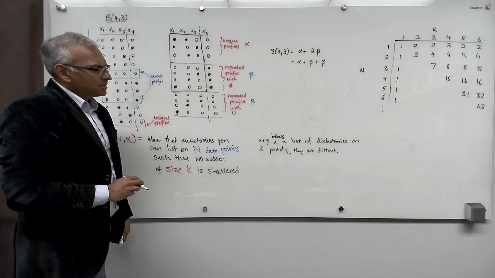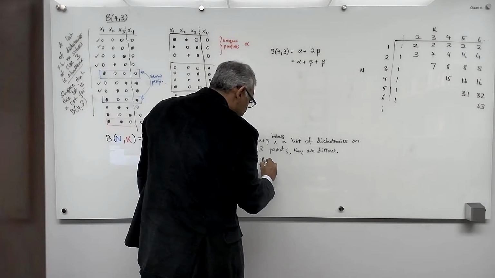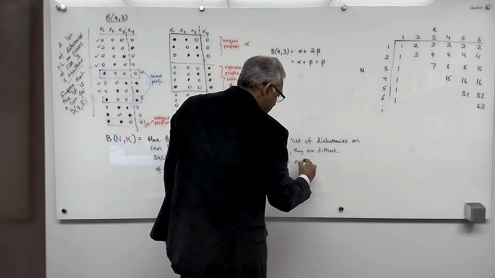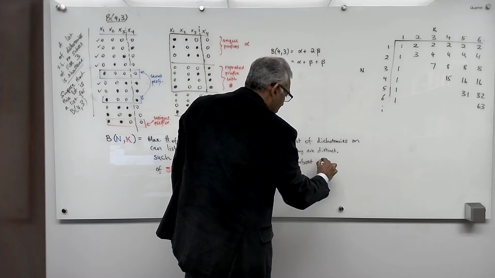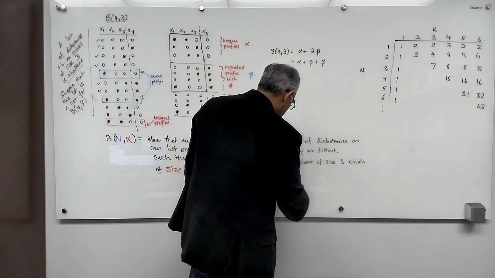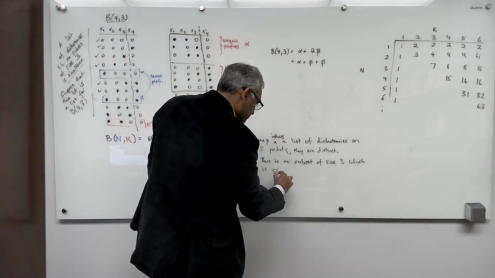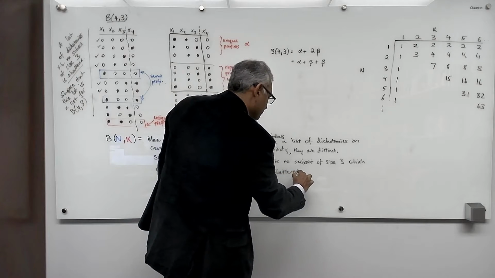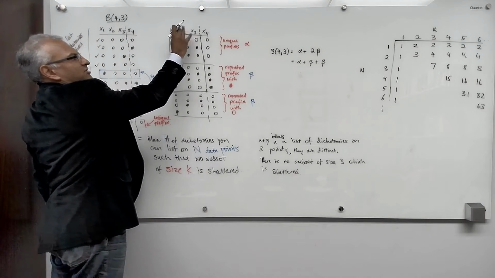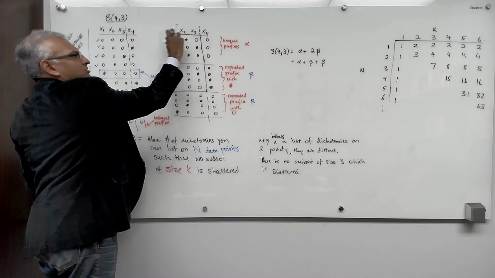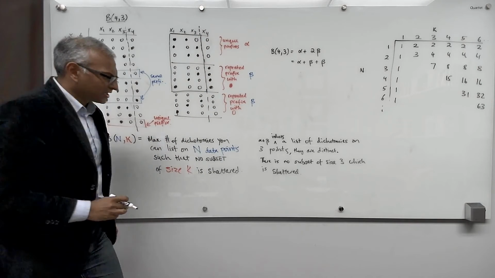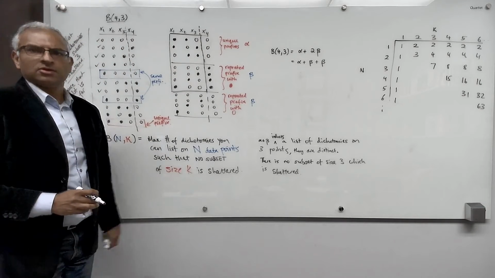So there is no subset of size 3 which is shattered, because otherwise it would be shattered by the original list of extended dichotomies, and we know that no subset of size 3 is shattered in the original list.